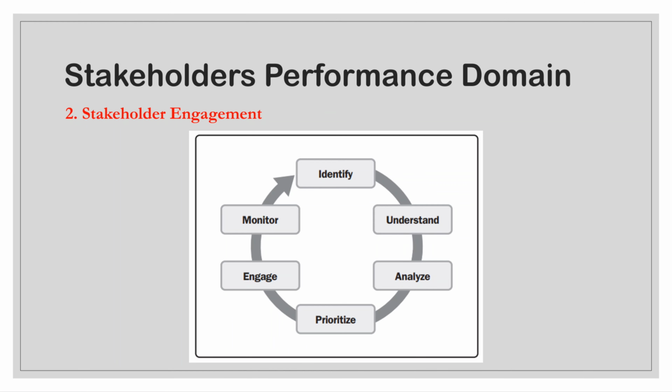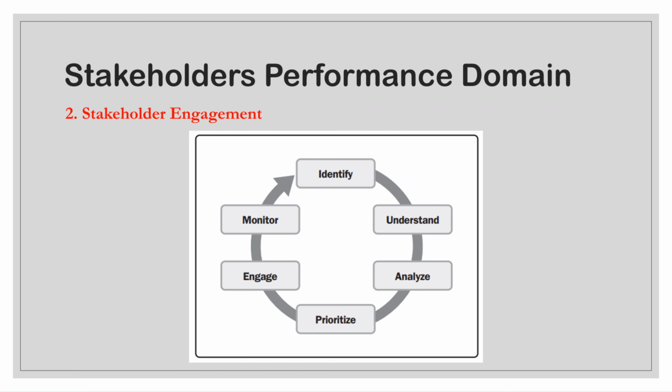This diagram is very important to remember as it shows several steps to engage stakeholders effectively. Stakeholder engagement activities start before or when the project starts and continue throughout the project. High-level stakeholder identification may be carried out prior to forming the project team.